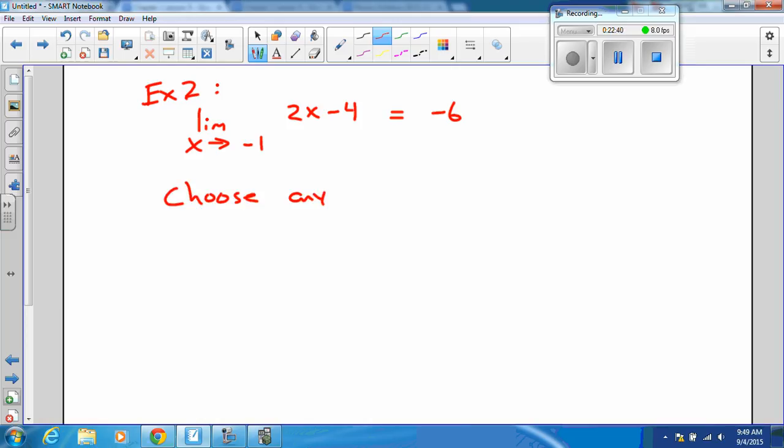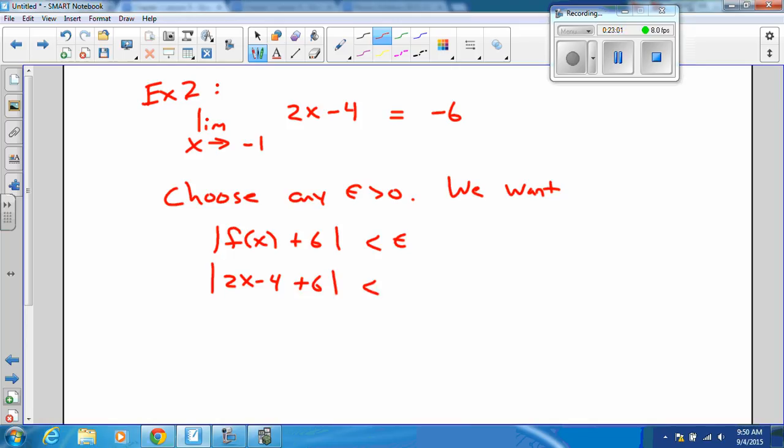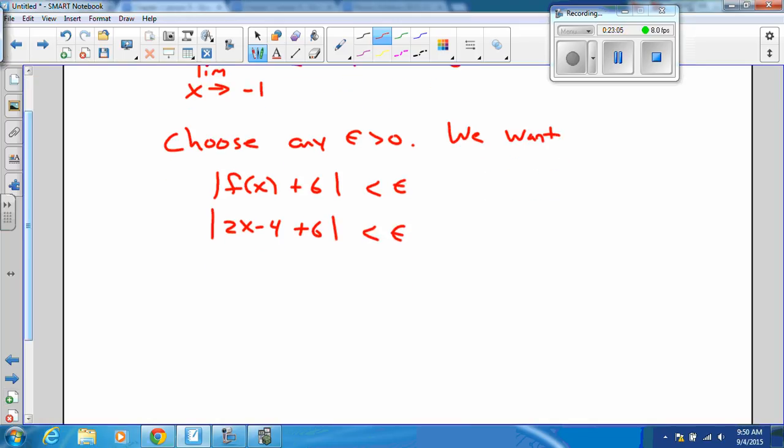Rather than doing any numerical values of epsilon, let's see if we can do it generally from the start. Choose any epsilon greater than 0. We want the absolute value of f of x minus negative 6 to be less than epsilon.